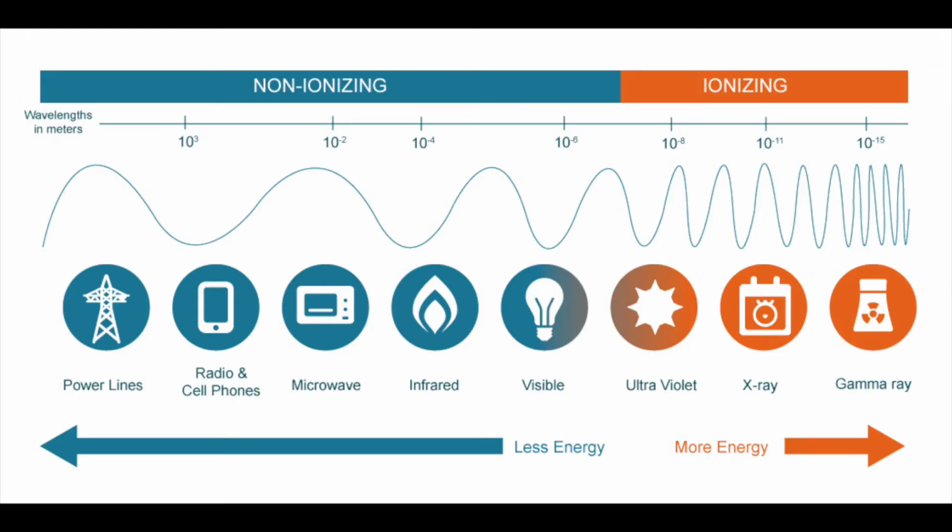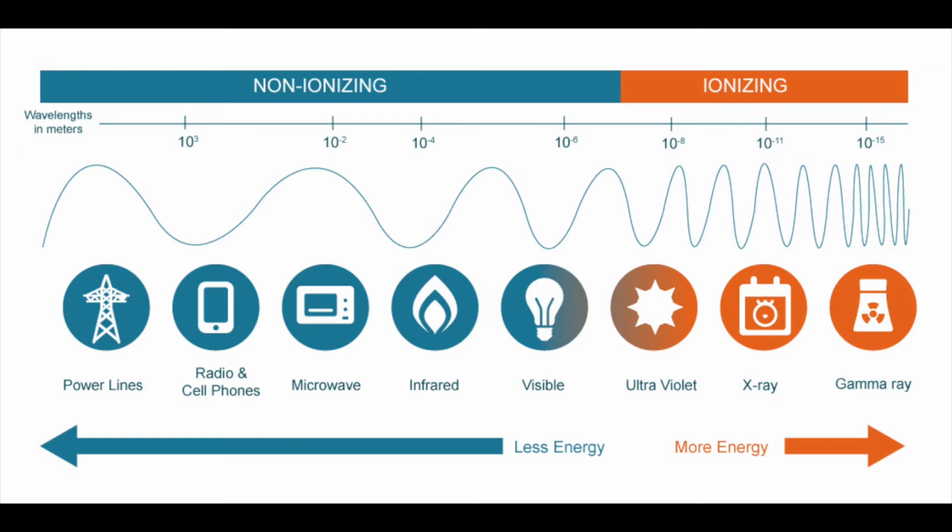As we can see in this scale, electromagnetic radiation is broken down into categories of ionizing and non-ionizing radiation, based on whether it has enough energy to knock electrons off the atom that it interacts with, as well as being able to do lower energy damage, such as breaking chemical bonds in molecules.